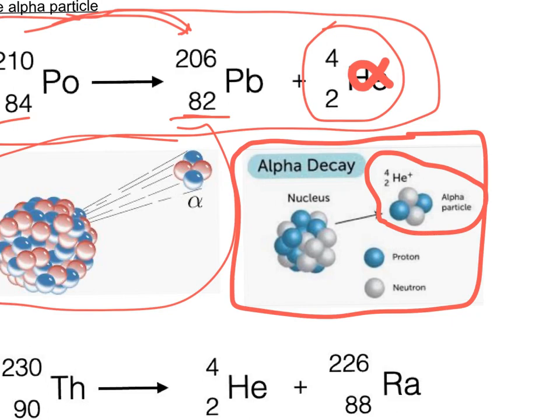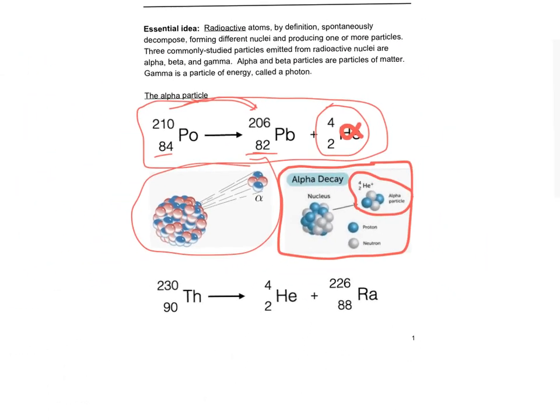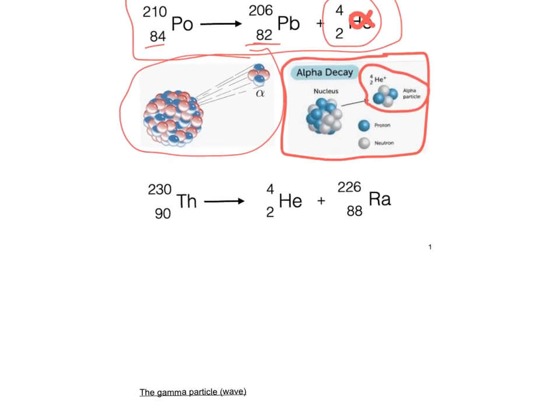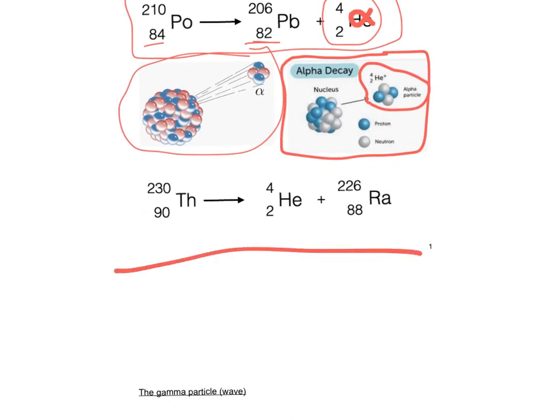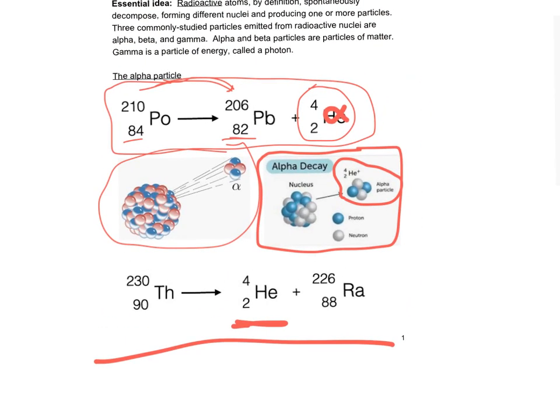Okay, that's alpha. And here at the bottom is just another representation of alpha particle emission from thorium to become a radium atom. And notice in this bottom one, the alpha was written first, and the top one, the alpha was written second. It doesn't really matter.